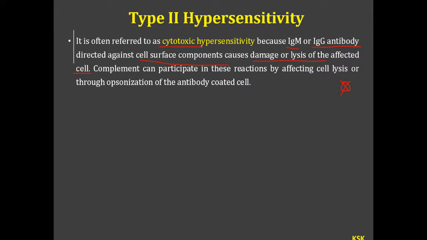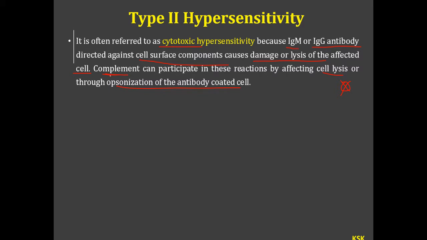That's why it is known as cytotoxic. Here an important component takes part, that is the complement. Complement can participate in these reactions by causing cell lysis or through opsonization of the antibody-coated cell. Complement plays a major role in the damage or lysis of the cell.